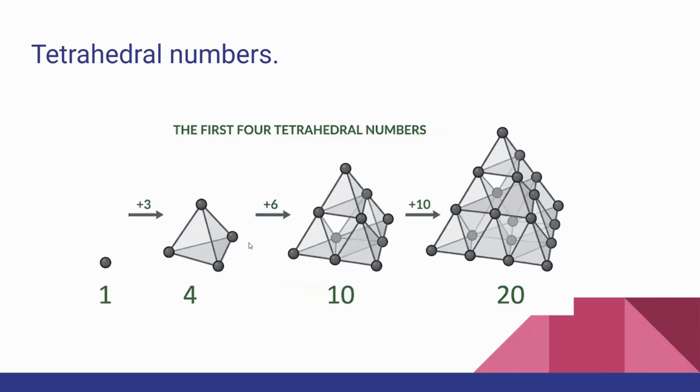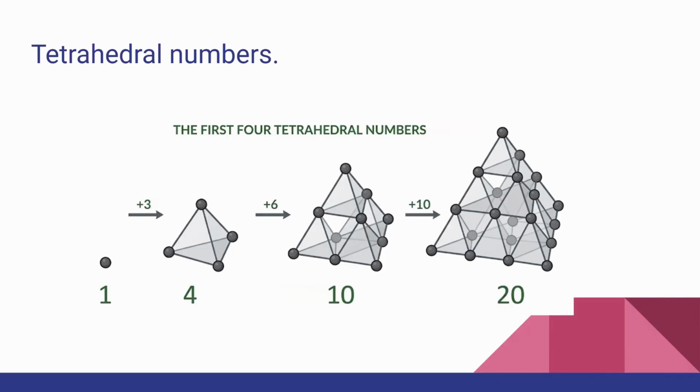Notice that in order to get from the second tetrahedral number, for example, we add the next triangular number, which is 6. And you can think of putting that on the bottom, and we get a one larger tetrahedron. Then we put the 10, the bowling pins, if you will, on the bottom to make the fourth tetrahedral number.